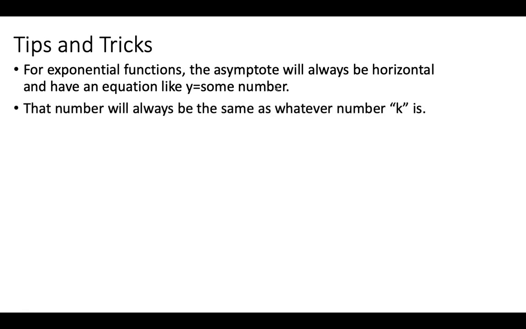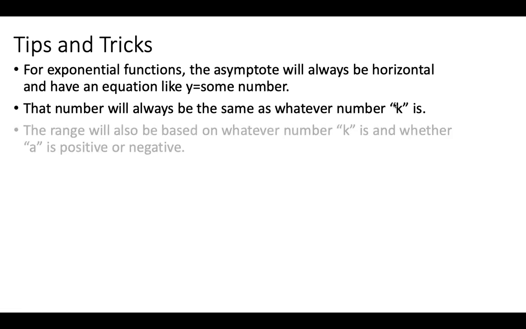That number will always be the same number as whatever number k is. So whatever k is, that's where your asymptote is going to be. Whatever number k is, that's how far up or down your red line would be. And then that means that the range will also be based on whatever number k is and whether a is positive or negative.